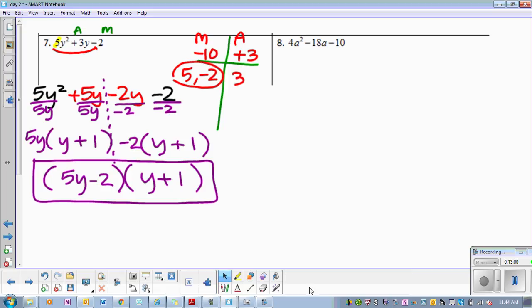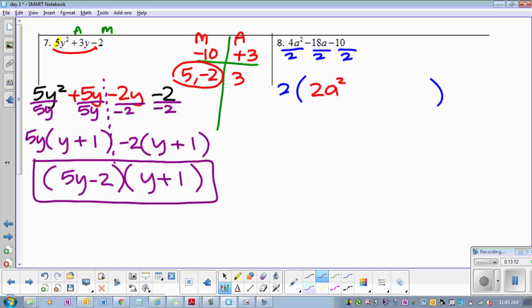Okay? All right, let's look at number 8. What's my GCF here? 2. All right, so after I take out the GCF, I still have a number in front of my a squared, right? And this is a trinomial, so I know that this is AM.